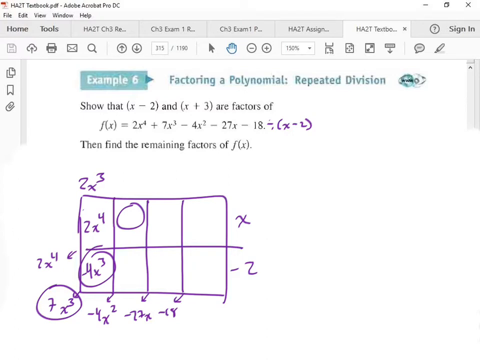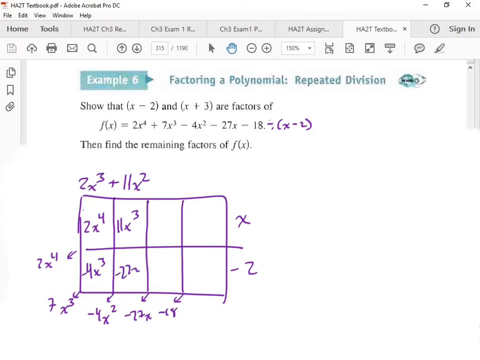So once we finish a column, you want to go to the next column. What plus negative 4x to the 3rd will give me 7x to the 3rd? 11x to the 3rd. And then what times x will give you 11x to the 3rd? 11x squared. All right, so I got plus 11x squared. And then what do I get down here?